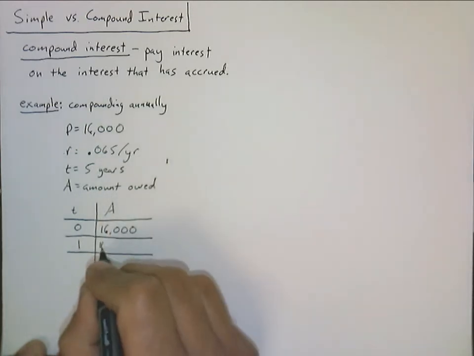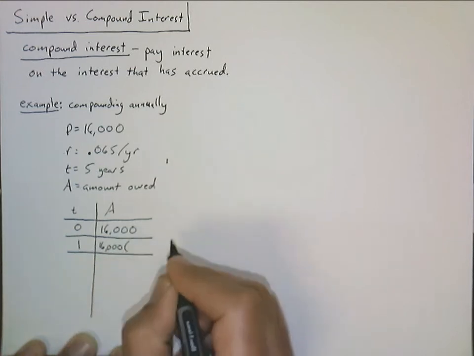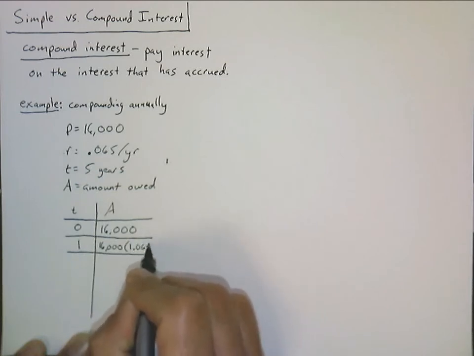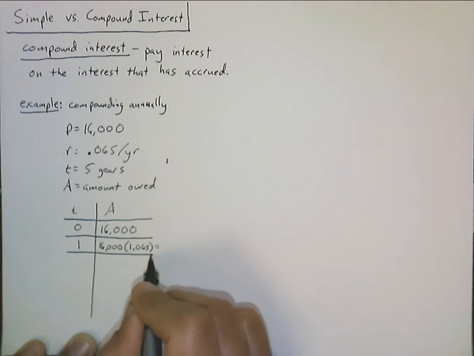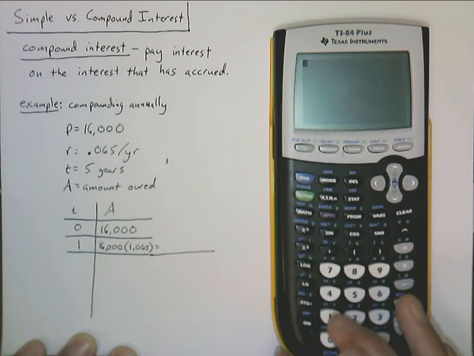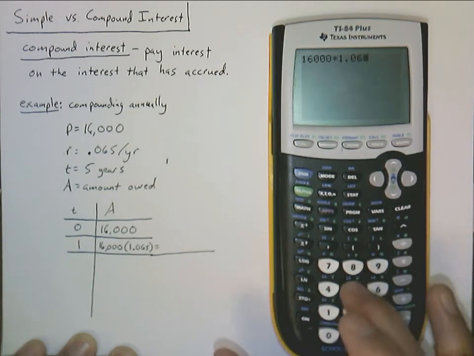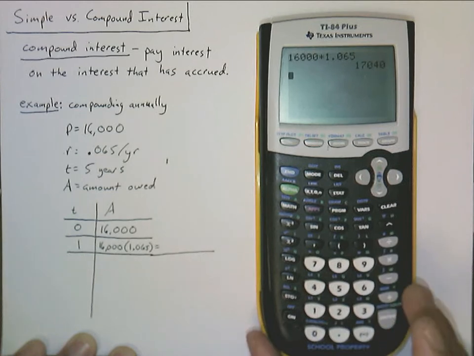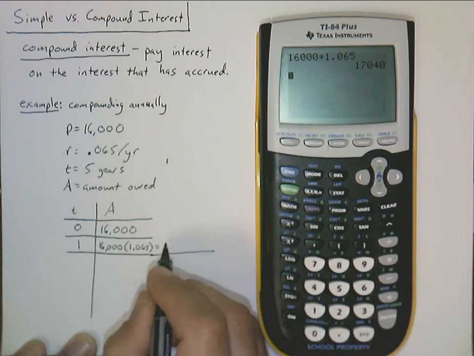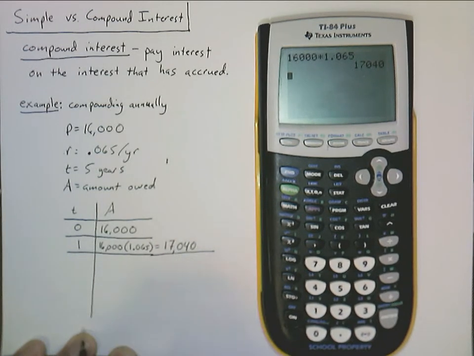So we could do 16,000 times either 1 plus the 0.065 or 1.065. And we've already done this calculation with simple interest, but that's 16,000 times 1.065, which of course gives us, we're adding on that $1,040 per year from the simple interest problem. So after the first year, we're going to have to pay back $17,040.